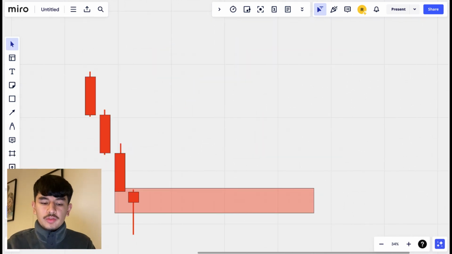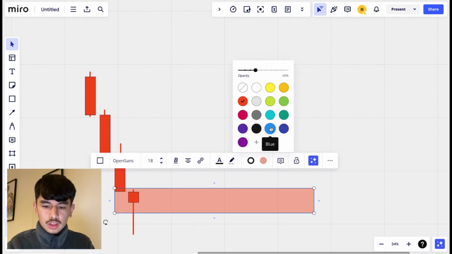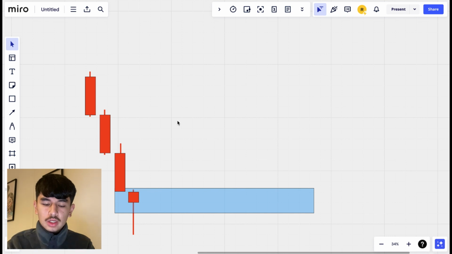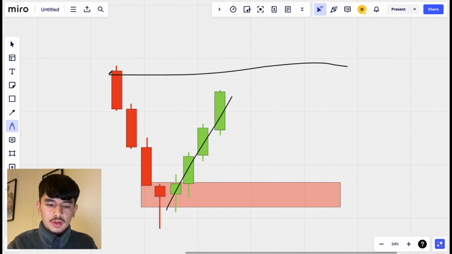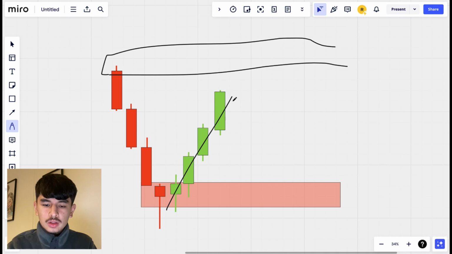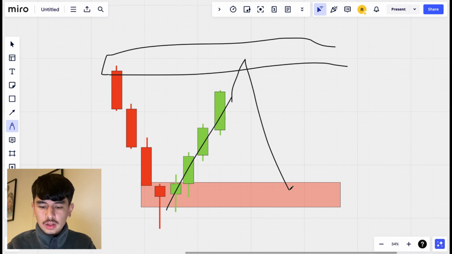This can also be reversed. So say that this is a downtrending market and it hits a key support area. Let's just make it blue. Once it hits this key support area and we see a lot of buying pressure, we would expect to see a reversal happen where we'll start getting greens, and then this will continuously happen until price comes in and hits this one.